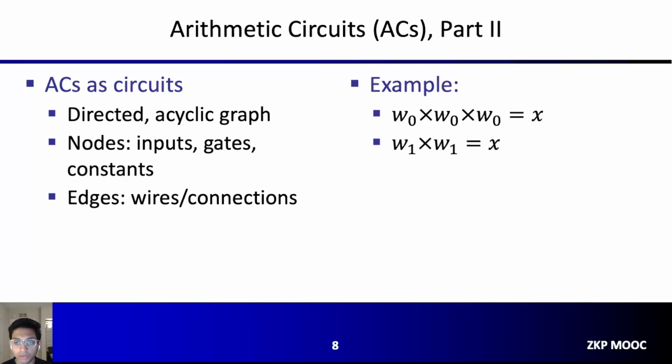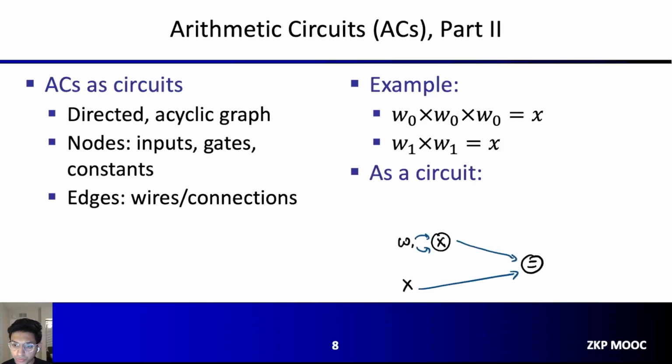Let's see what this actually looks like by taking our example from the previous slide. We want to express these two field equations as a DAG. For the second one, what we're going to do is multiply W1 by itself. So we're going to feed W1 into the multiplication gate twice. And then we're going to take the output of that multiplication gate and feed it as an input into the equality gate.